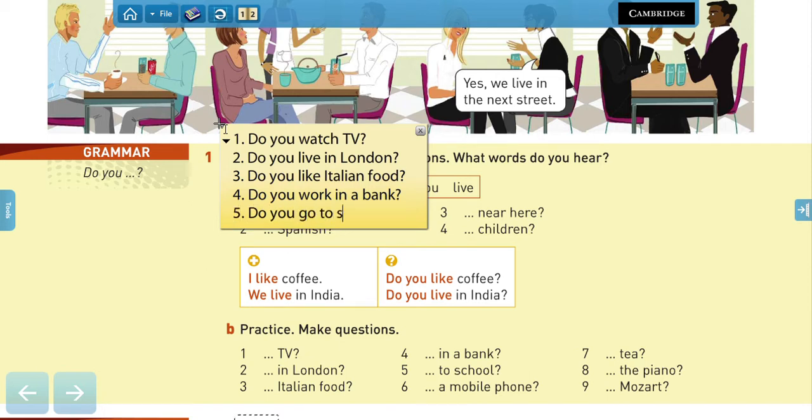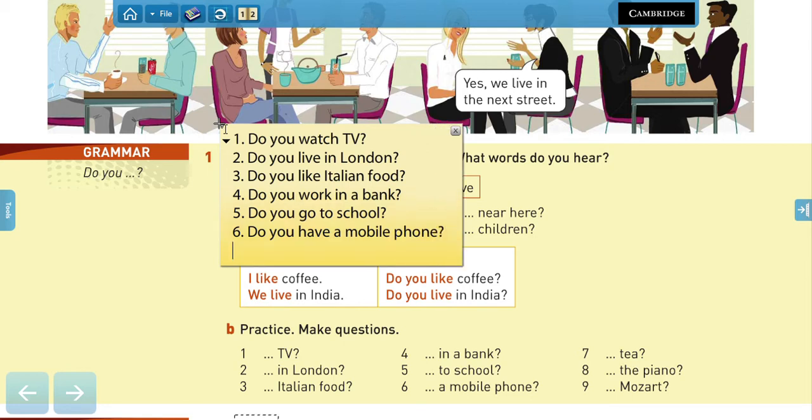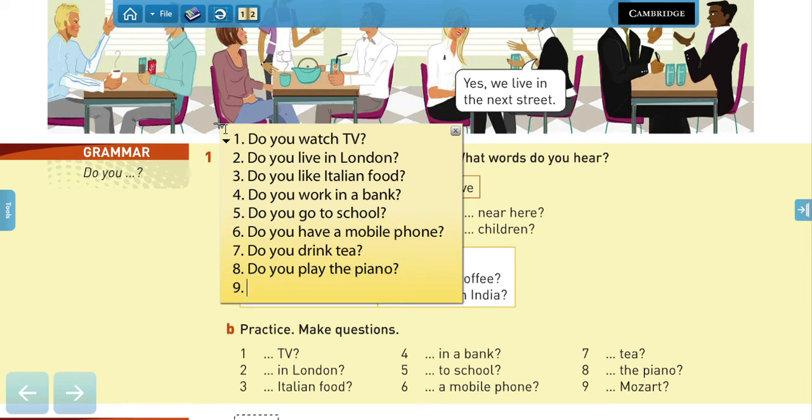Do you go to school? Do you have a mobile phone? Do you drink tea? Do you play the piano? And the last one we have, do you listen to Mozart?